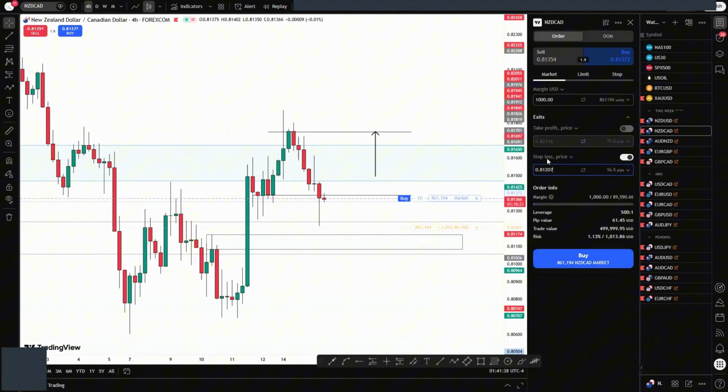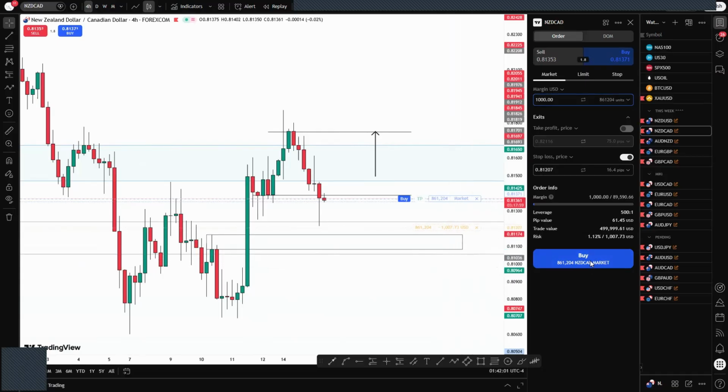If I put 10,000 here, it will say I'll lose 10,000, and it will increase my lot size. But I've put 1,000, so it's saying I'll lose 1,000.